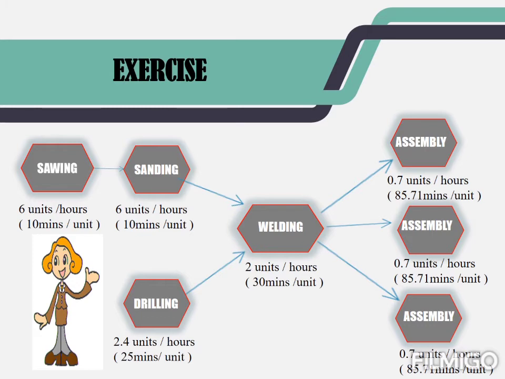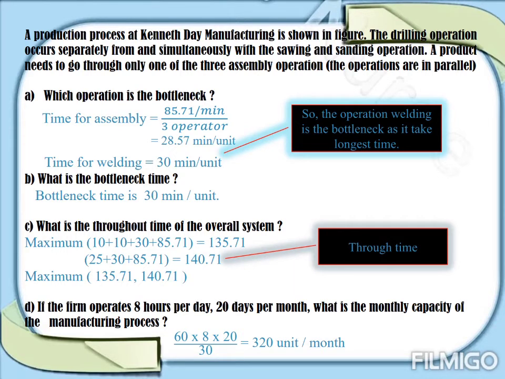Okay, so after we convert, now we move on to our question. Okay guys, this is the continuation of the 5th slide. A production process at KARTTHI manufacturing is shown in the figure just now. The drilling operation occurs separately from and simultaneously with the sawing and sanding operation.